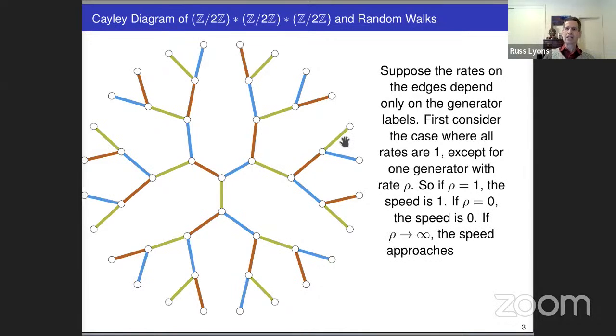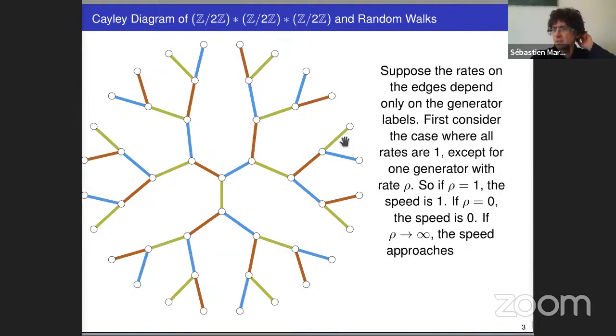Let's consider another extreme case where rho tends to infinity. What will happen to the speed as rho tends to infinity? It's 2, no? Why 2?